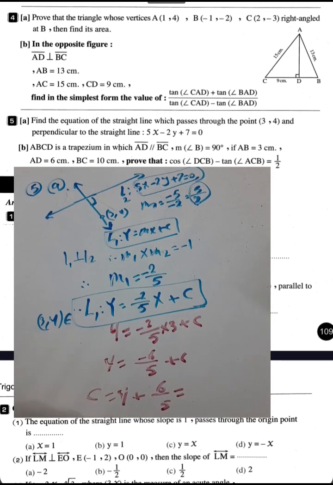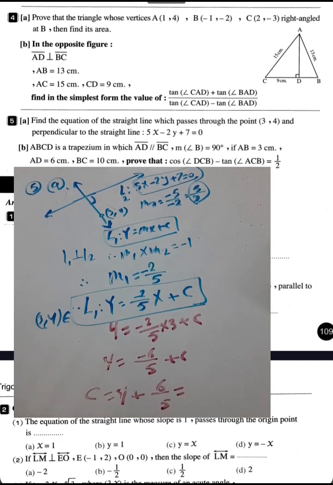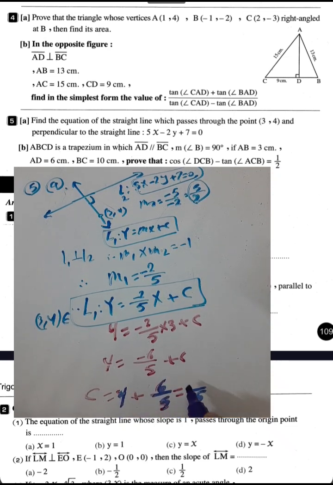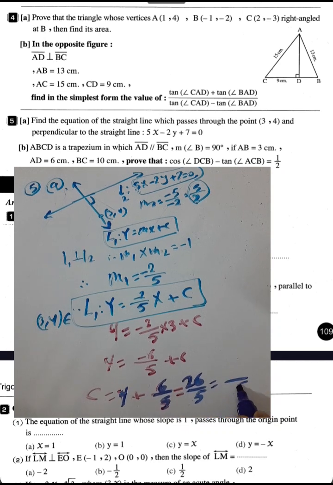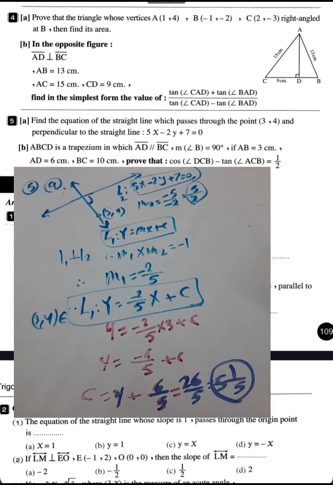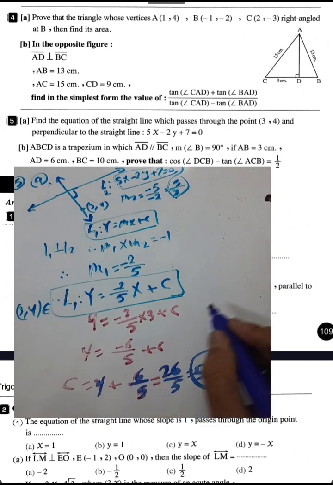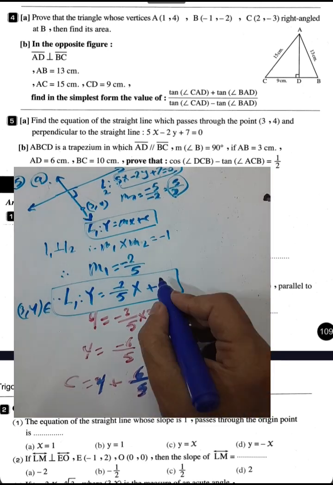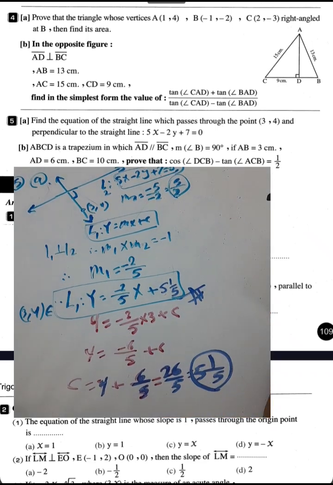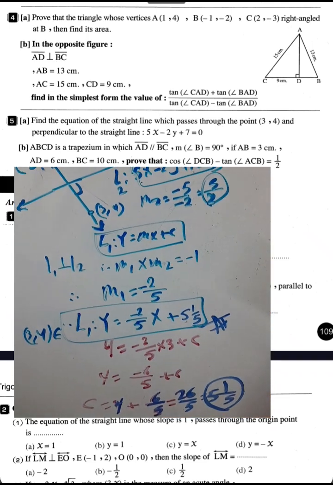This is multiplication between the two denominators. 5 times 4 equals 20. 20 plus 6 equals 26. 26 over 5, write 5. 5 times 5, 25, and the remainder 1. Then the constant will be 5 and 1 over 5. Then the equation here, you can write the constant as 5 and 1 over 5, the equation of this straight line. Okay, understood?